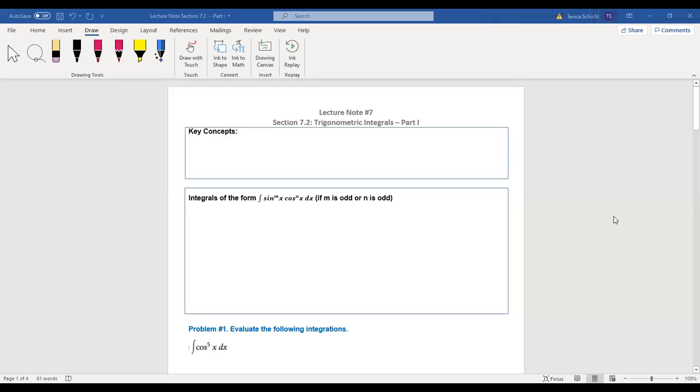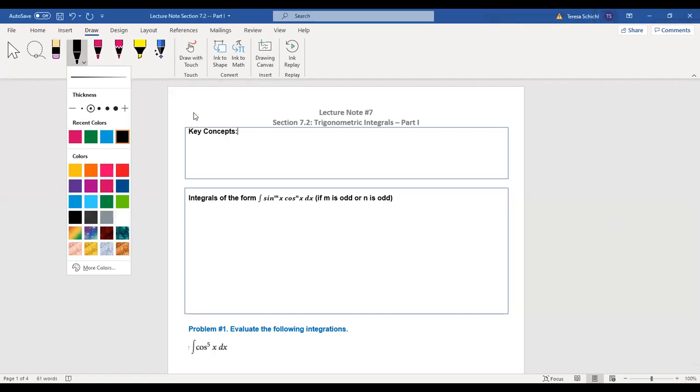Like we talked about before, in this lecture section we talk about trigonometric integrals.